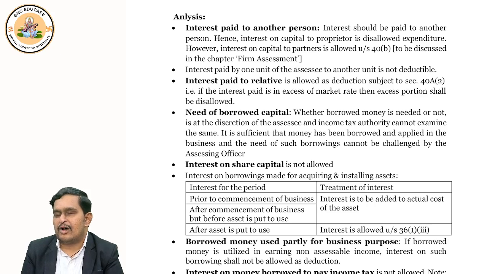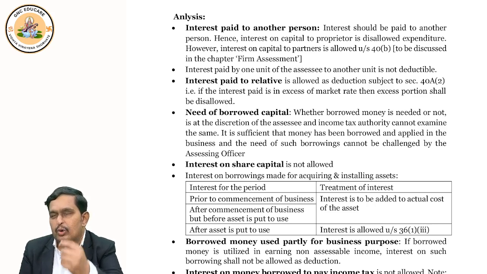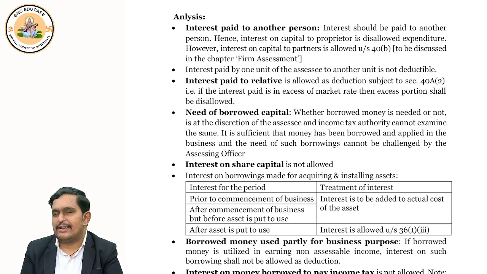Similarly, when we talk about a partner giving a loan to the firm, then in that case, the partner is giving a loan to the firm. For the partner, it is income. And for the firm, it is expenditure. And definitely the partnership firm is an independent entity under income tax only. It can claim deduction.